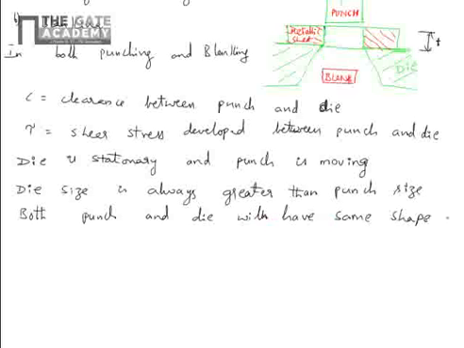If you want to produce a circular coin, it is called blanking operation, then you need a circular punch and a circular die. In both, the mechanism is shearing and tearing.